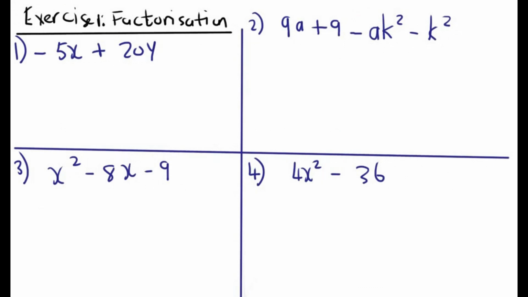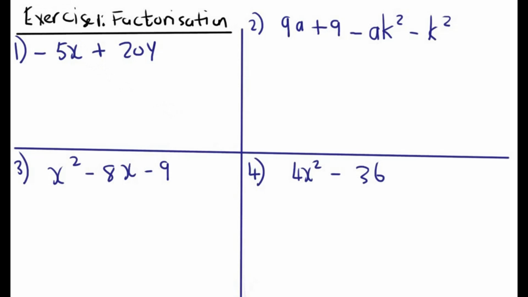The idea is to try to identify what type of factorization it is and then do it. Then we'll do some more exercises after that. Please write all 4 sums down and click pause, try to do the sums, and once you've done them, you can come back and see how we do the answers.